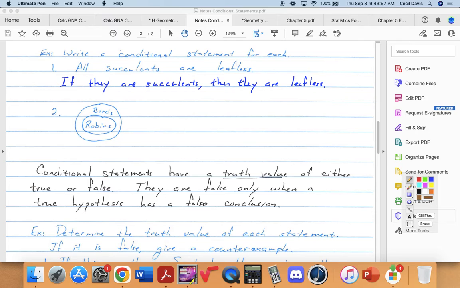Especially if you don't know what a succulent is, well, then you might not know if they're leafless or not. Okay? So for this one, again, it's plural, so I'll say if they instead of if it. If they are what? Robins, then they are birds.